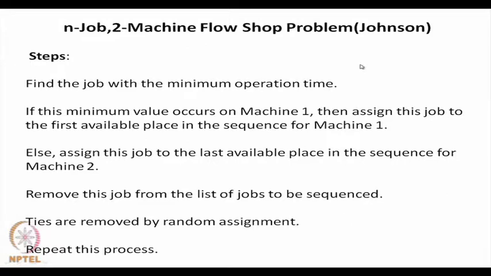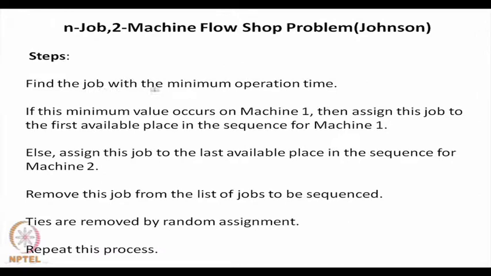Now, we take up yet another problem which has been well documented in the literature, and Johnson is credited with developing this idea. This is called the n job 2 machine flow shop problem. That means we have just 2 machines, not 1 machine, and there are many jobs. Johnson has suggested a method of solving this problem.